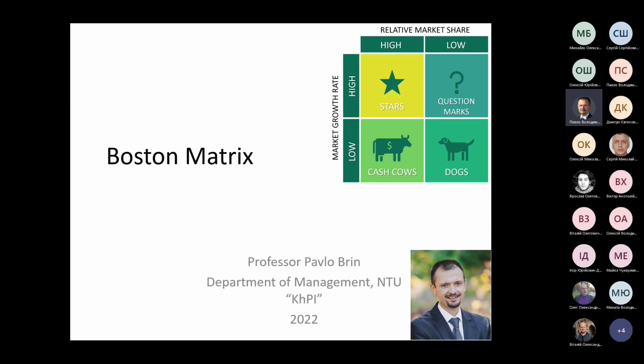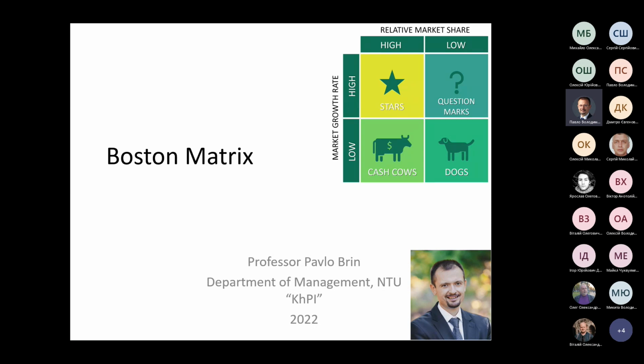And the second module of our course is connected with the possible instruments of selecting investment priorities of the company. Today we are speaking about the most simple instrument. This instrument was created more than 50 years ago, actually 52 years ago, but it is very simple.